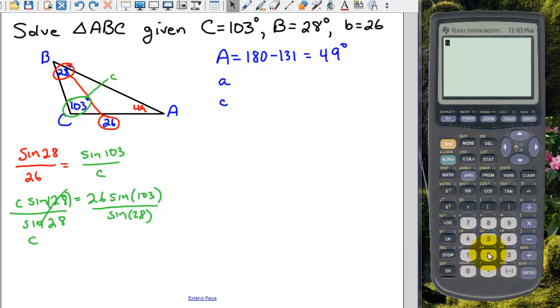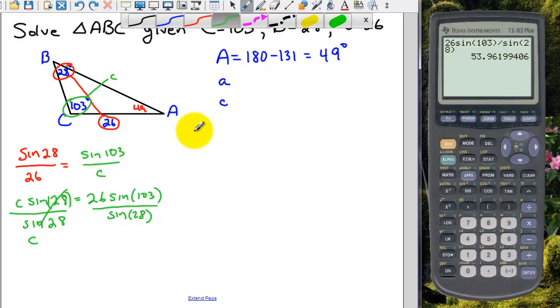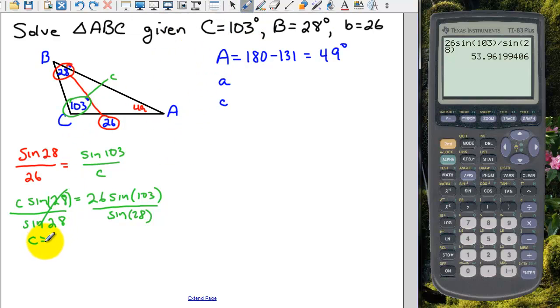So we have 26 sine of 103. I earlier verified that my calculator was in degree mode. And we get 53.9, or let's just round that to the nearest whole number. So we have 54 here for side C.